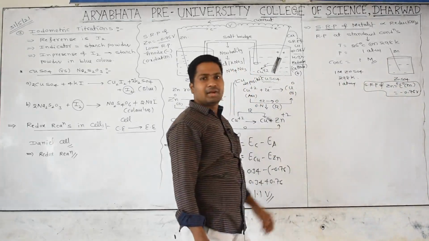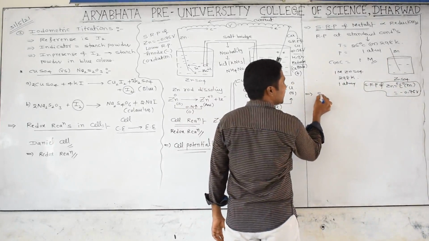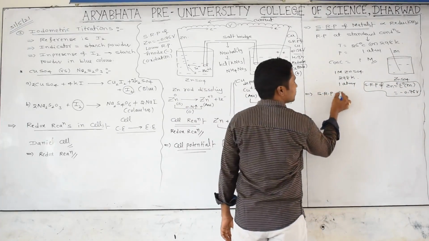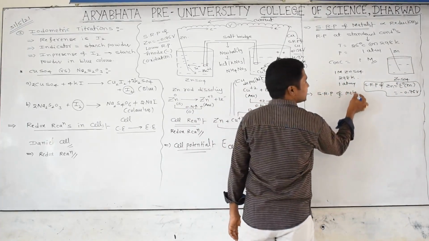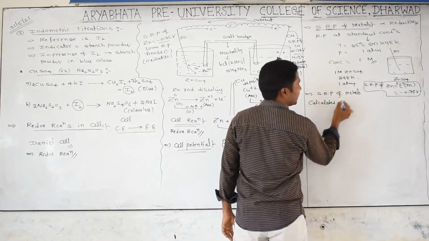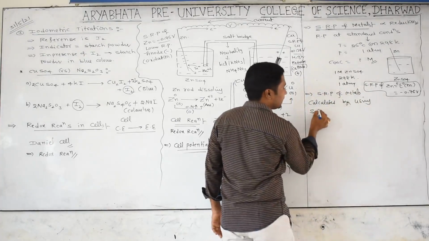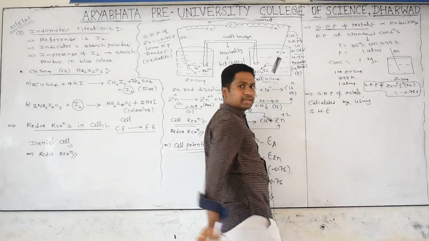Sir, how did they calculate all these values? These standard reduction potentials of metals are calculated using the standard hydrogen electrode, SHE.